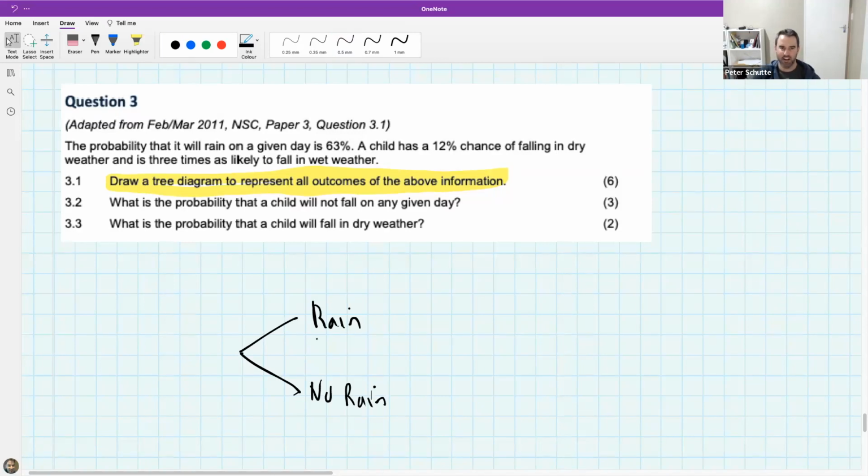Exactly, Linda. I agree. Now, the probability it will rain on a given day is 63%, or we can say 0.63. What do we think is the probability it will not rain on a given day? It feels like these are what we call complementary events.